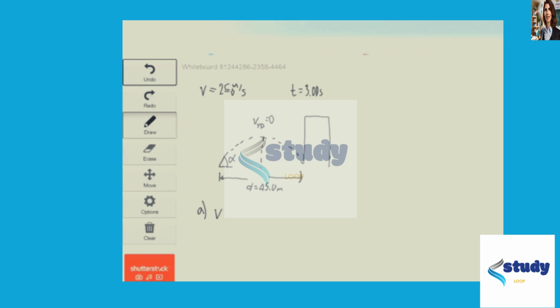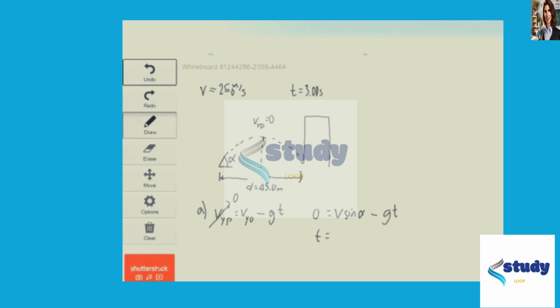So Vy peak is Vy initial minus gt. This is 0, so 0 equals V, which is 25, and then in the y direction would be the sine of alpha, minus gt.